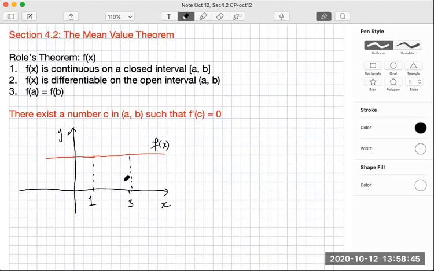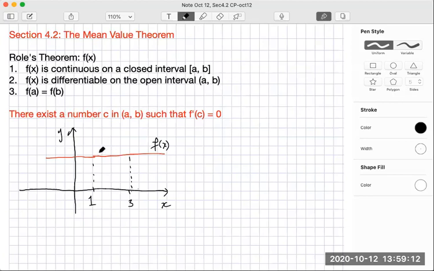Yes, it is continuous, right? You can draw it without taking the pen up. Second, it is differentiable, right? The constant is differentiable, because the derivative of that gives us 0. It is a special case of a polynomial. Therefore, the second condition is satisfied.